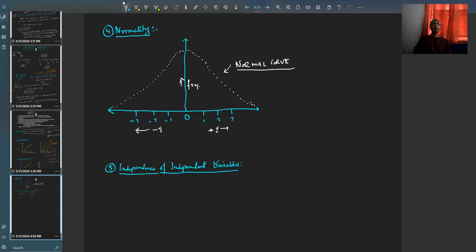Independence of independent variables. What do we mean by this? Firstly, independent variables are not random. What do we mean by this? Basically, friends, the example that we took, PE, was dependent on EGR, that is earnings growth rate, and debt to equity ratio, right? Now these factors, EGR and debt to equity ratio, were not just picked like a lottery.